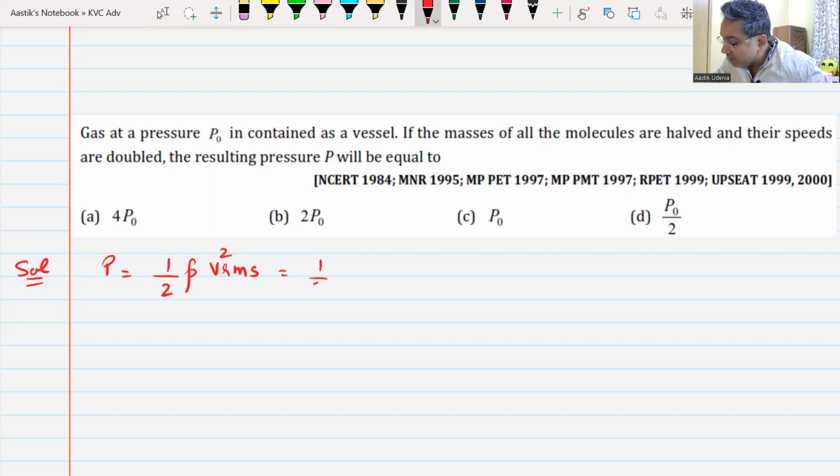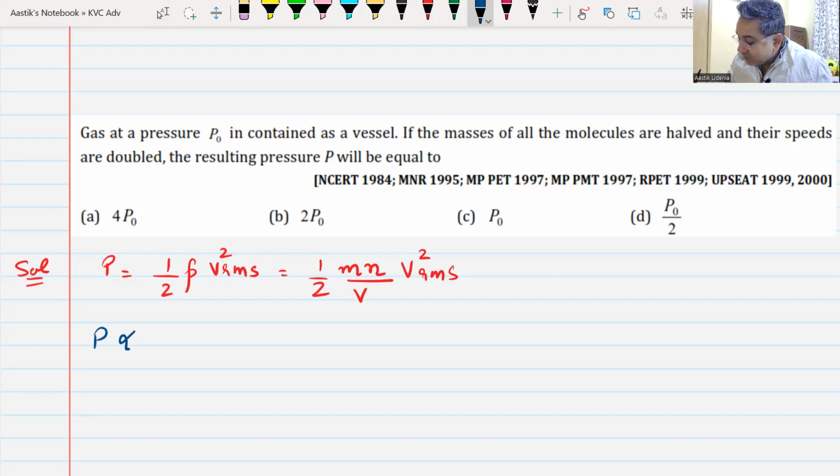You can write it as half mass of one molecule multiplied by number of molecules divided by V into VRMS squared. Do you understand what we are going to get? Yes, sir. What, sir? So pressure is directly proportional to mass of one molecule into VRMS squared.